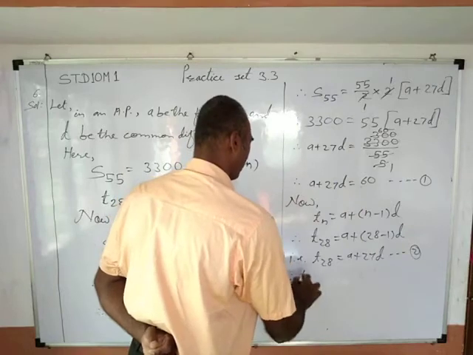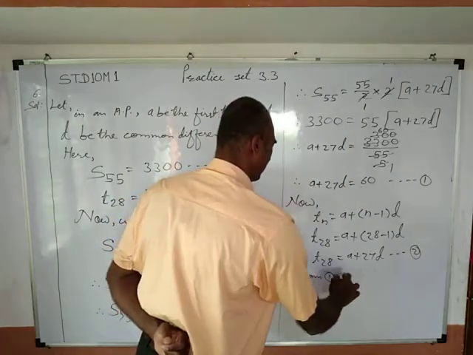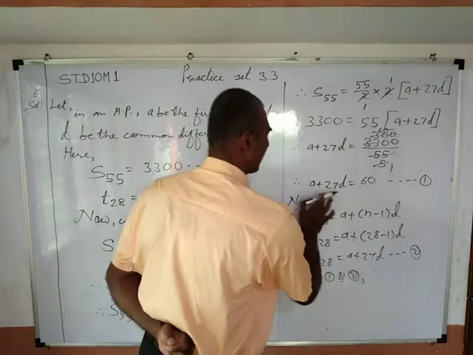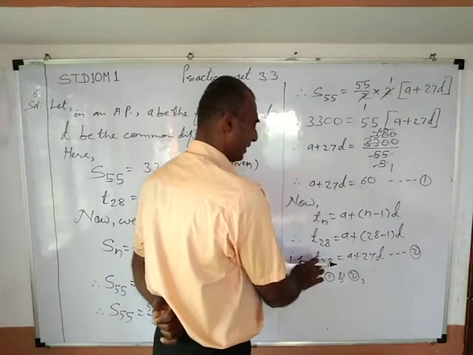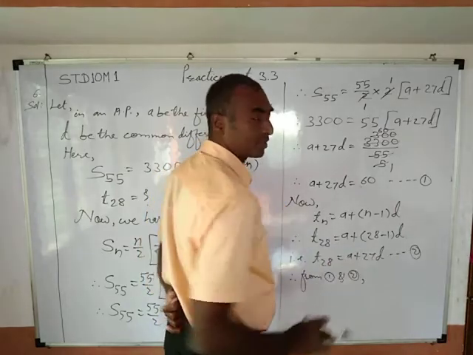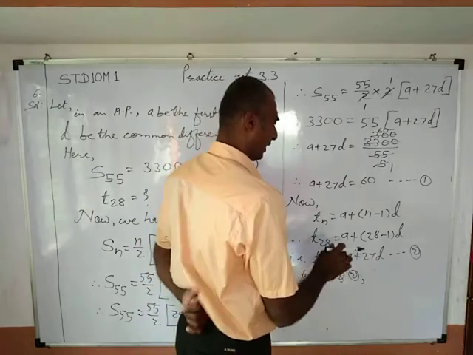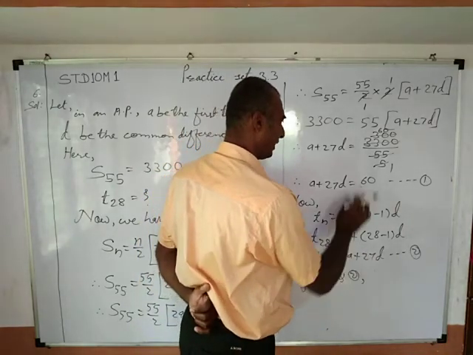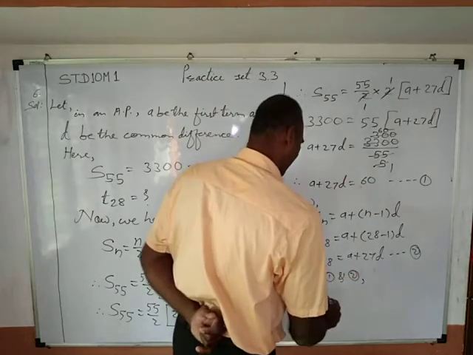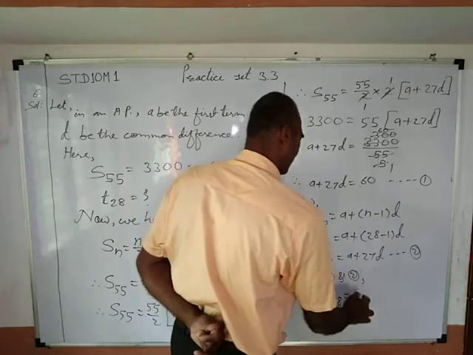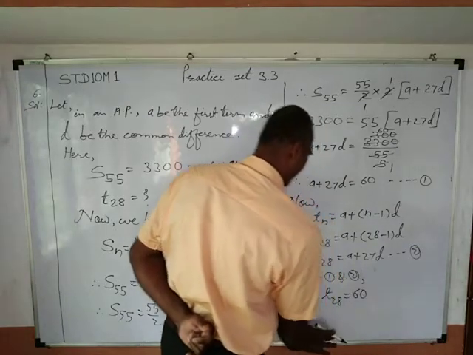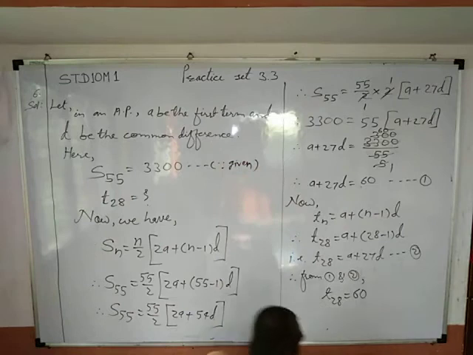And therefore from 1 and 2, 1 tells us a plus 27d equals 60, and 2 tells us T28 is also equal to a plus 27d. The value of a plus 27d is 60, and that's why we may write T28 equals 60.